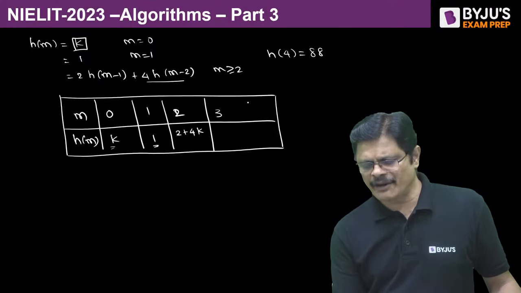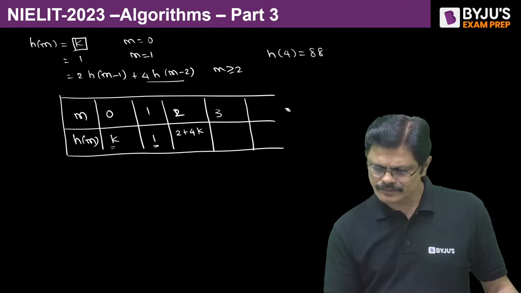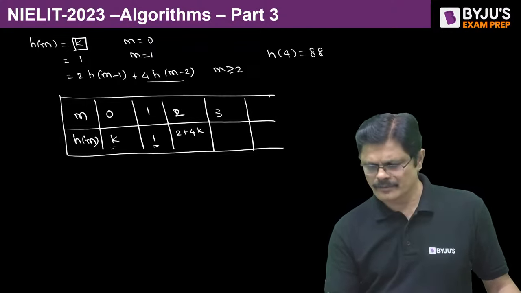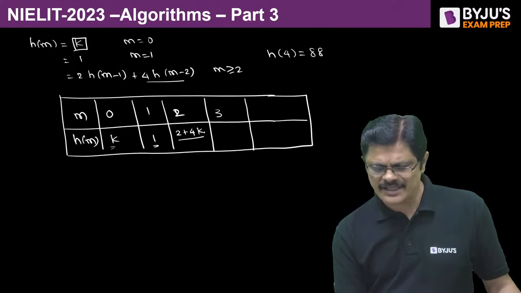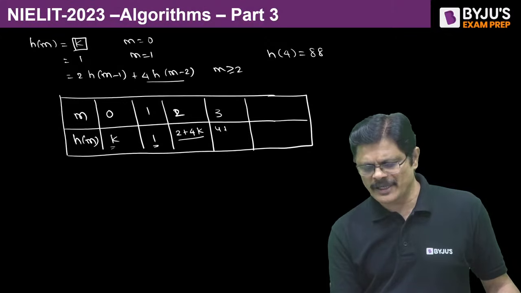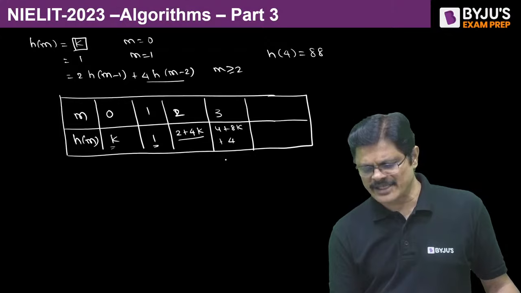Now for 3, what is the answer, sir? For 3, it is 2 times of this. 2 times of this means 4 plus 8k, and 4 times of this, that is 4. That is 8 plus 8k is this answer.